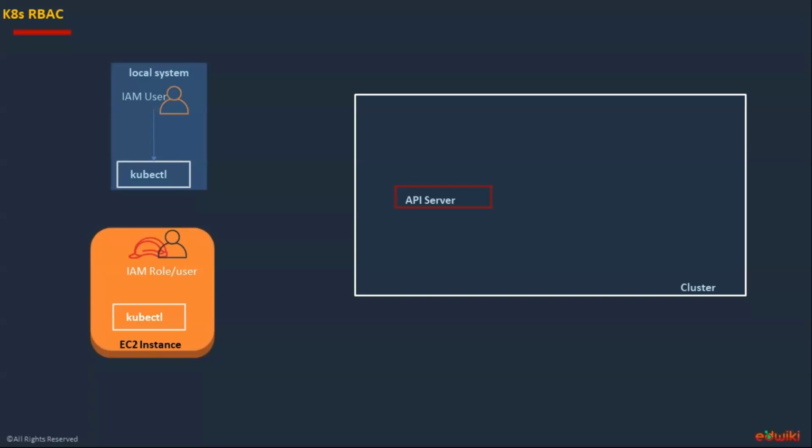Possible. So we can use either the IAM role or a user-based access key and secret access key to generate the kubeconfig file, and kubectl will use that kubeconfig file to connect to the API server. So far, so good.